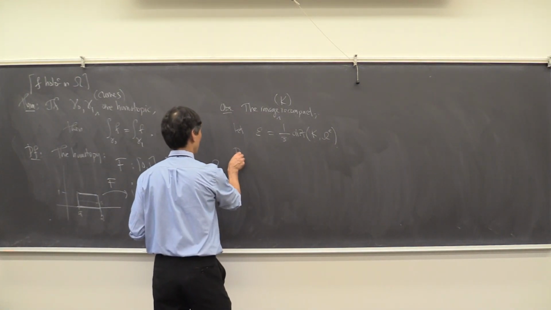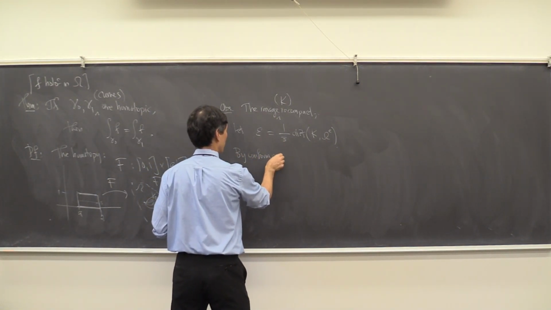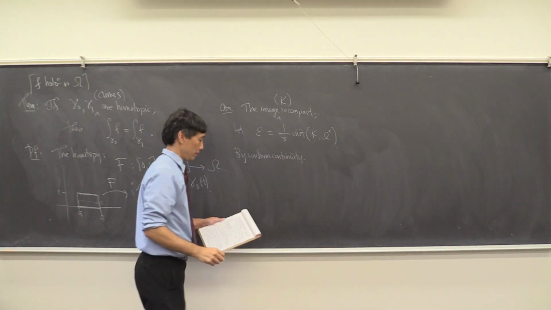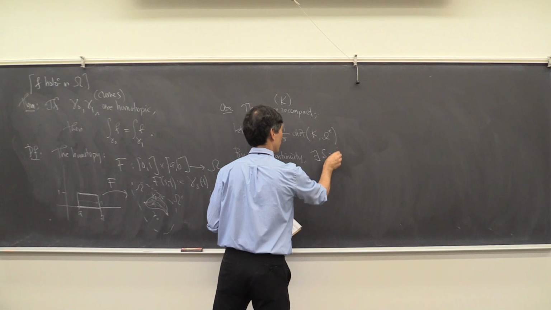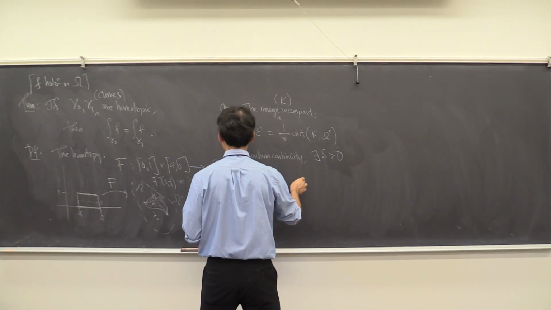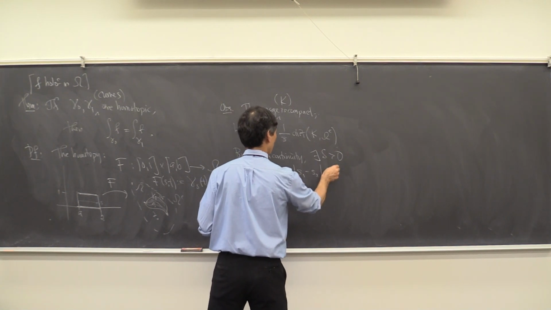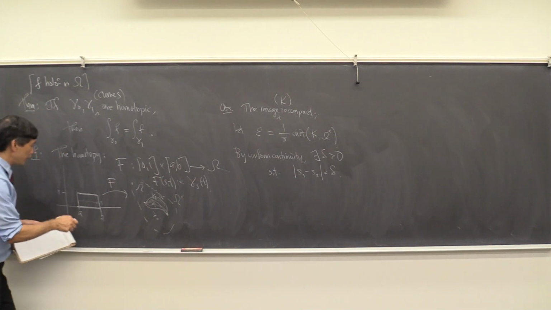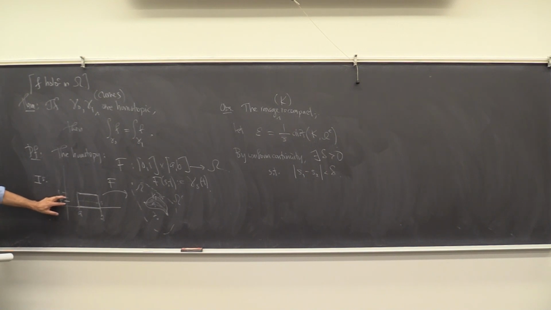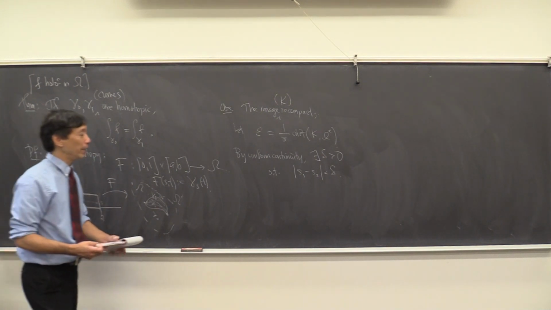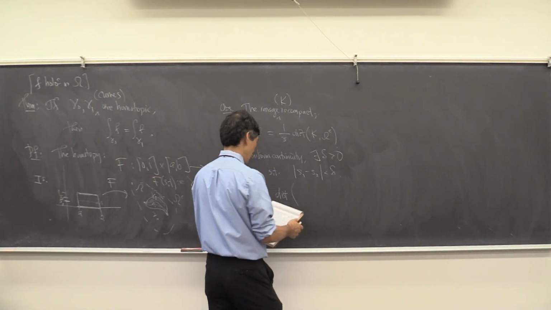Now, by uniform continuity, and this requires a little bit of work, but you can show it, there exists a delta such that if s1 and s2 are within delta of each other, in other words, if we take two different times, then there's some constraint on how far the curves can be from each other.